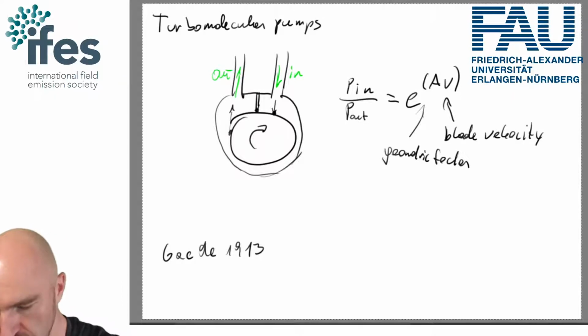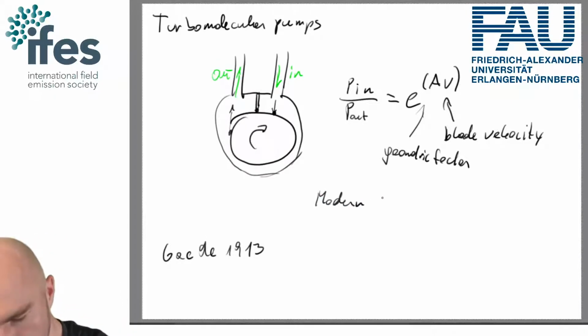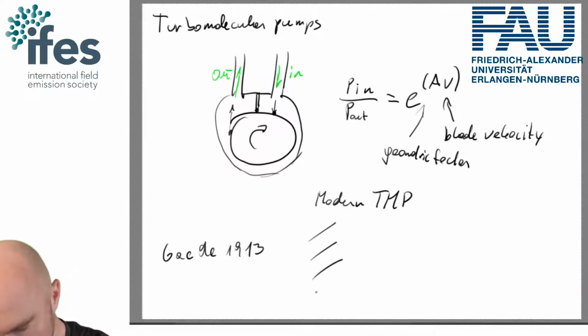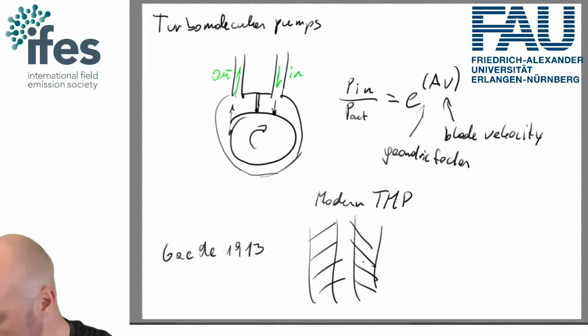for a modern turbomolecular pump, TMP stands for turbomolecular pump. We've got the combination of rotors and stators. Yeah, so we essentially have blades that go this way, and we have blades that go the other way, and they sit on some rotating device.